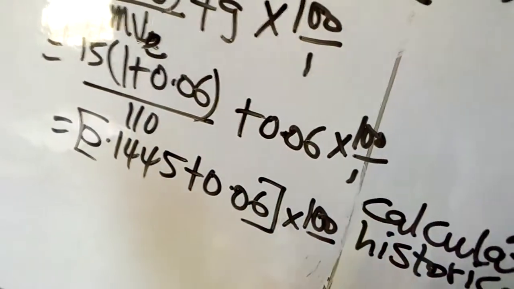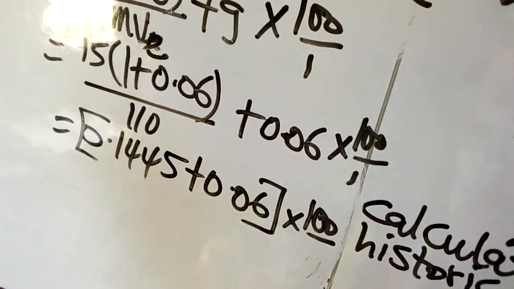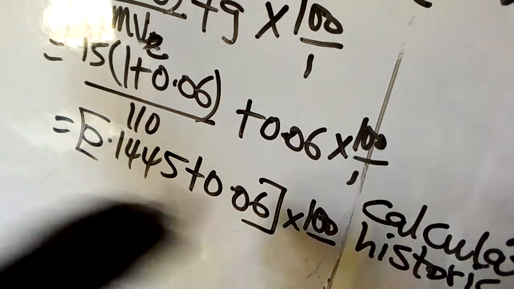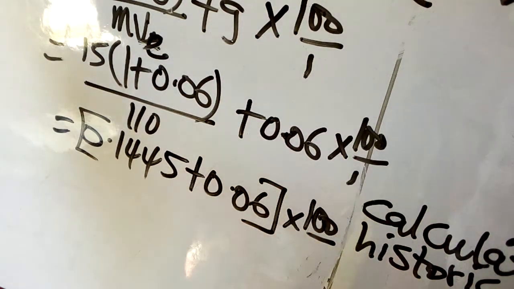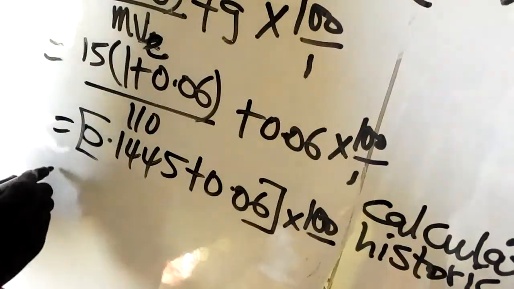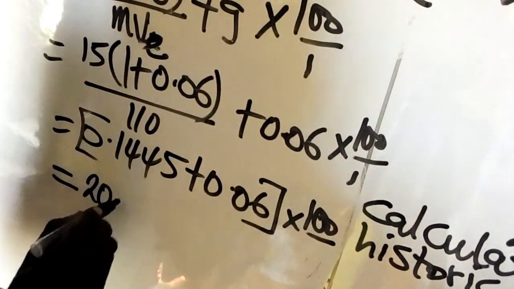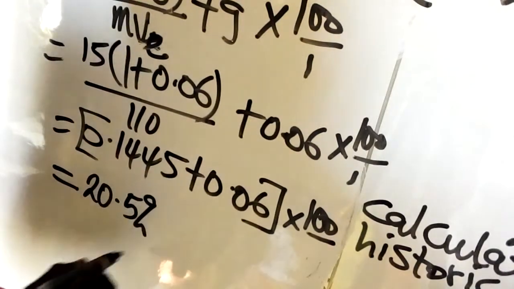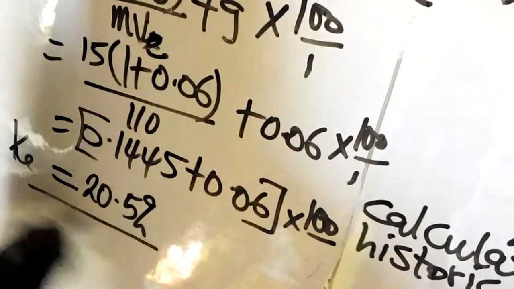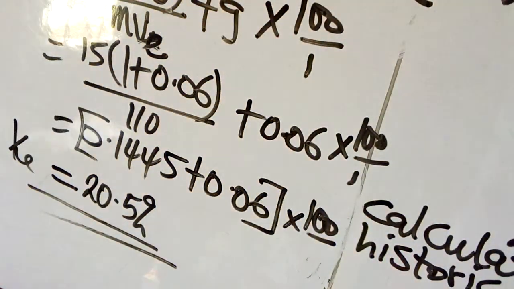When you add the 0.06, you have 0.2045. Now multiply by 100, so you have 20.5%. That is the cost of equity with growth.